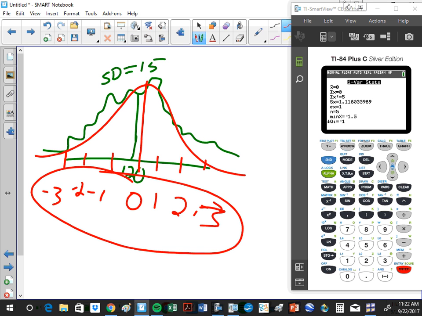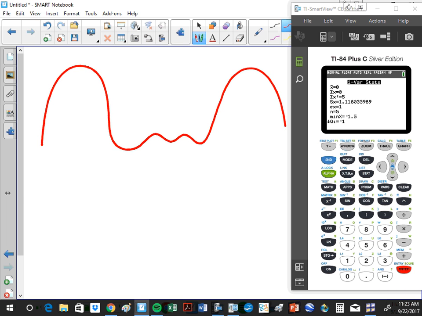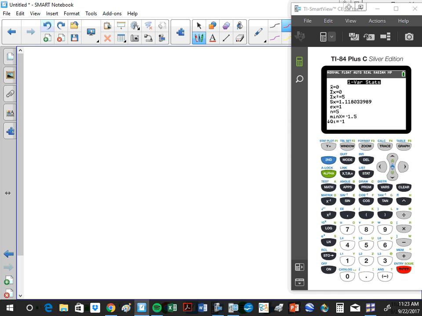So if your histogram looks like this, then standardizing isn't going to do you any good. We have ways to deal with that, but if your histogram looks like this, yes, so it tailed like this, we do have a trick.